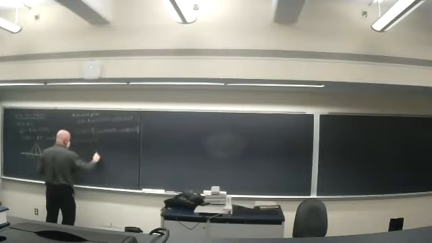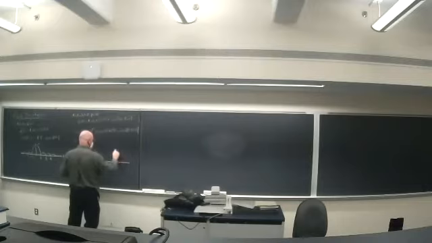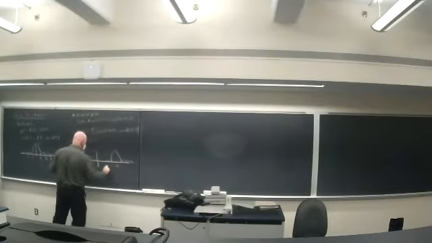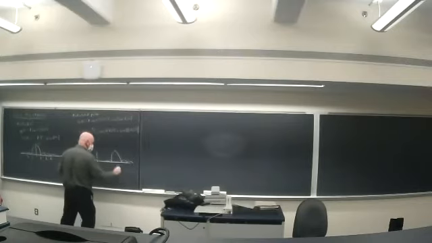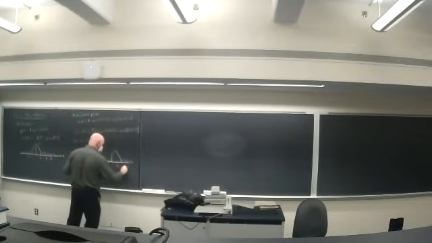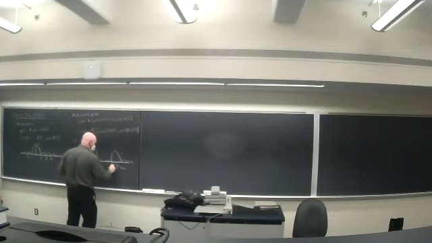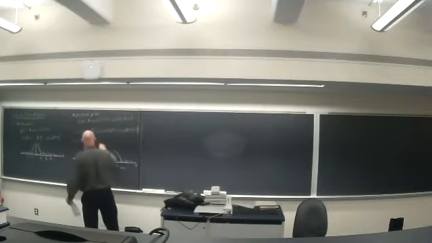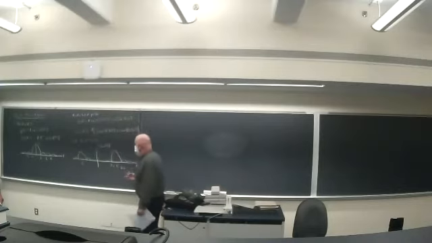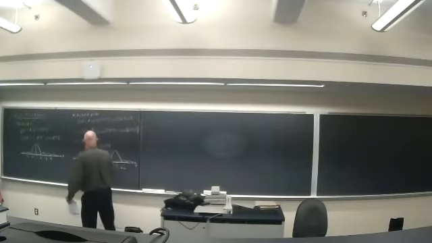Then we get a picture that looks like this. This would be fc, this would be minus fc. This would be fc plus 1/T, fc minus 1/T, and this is on the f-axis.